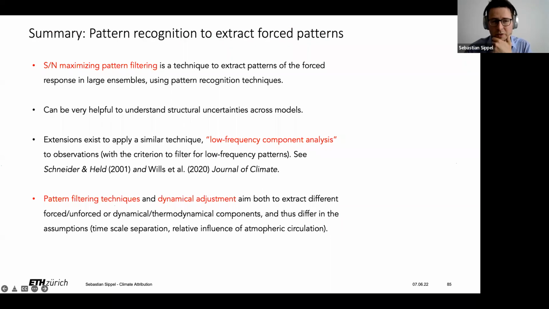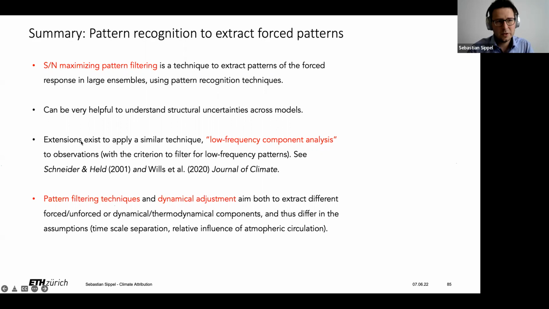As a summary, this signal-to-noise maximizing pattern filtering is a technique to extract patterns of the forced response in large ensembles, and if you need only 4 or 5 ensemble members, it is even applicable to things like CMIP6 simulations with a few ensemble members per model. It uses statistics, and more specifically pattern recognition techniques, to do this filtering. It can be very helpful to understand structural uncertainties across climate models.